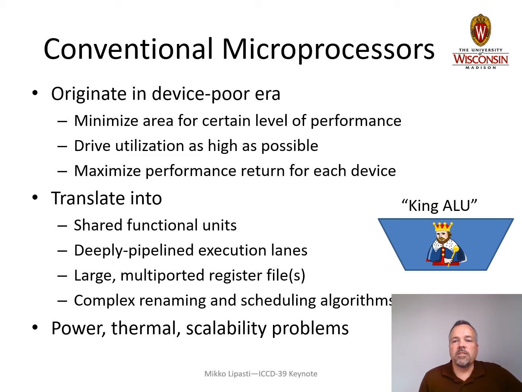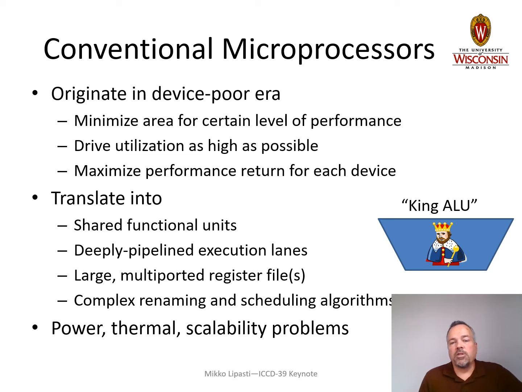The ALU sits there like the king, and the royal court is responsible for making sure that whoever needs the king's time comes in, presents their case, resolves the case, gets moved out, and the next pleader before the king comes in as quickly as possible. The ALU is the critical resource, and we want to make sure there's always something for that ALU to do. This design approach translates into deeply pipelined execution lanes, so we get something there every clock cycle.